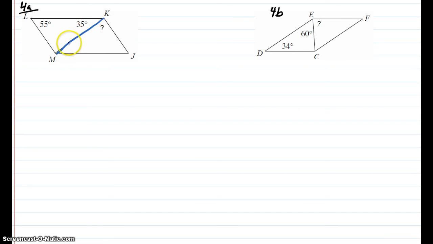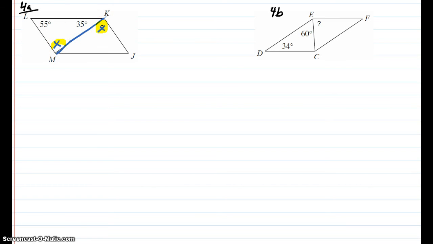So what I need to do is go ahead and call this X instead of the question mark. The alternate interior angles are equal. So here's the one angle, alternate interior, and that is alternate interior with this angle. So these two things are the same. So you can go ahead and call this one X.